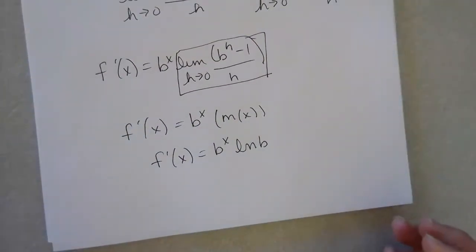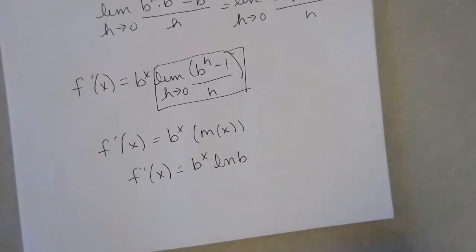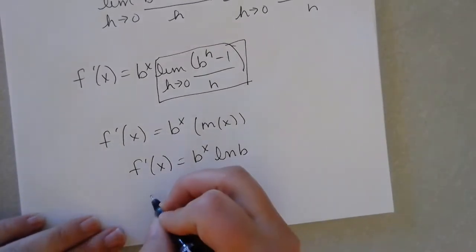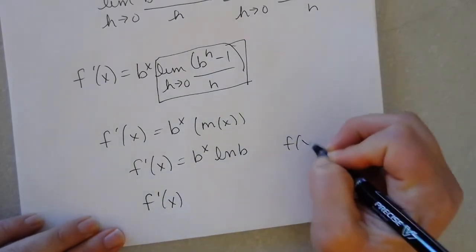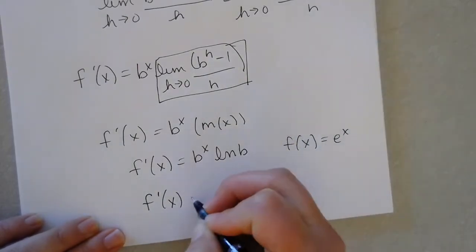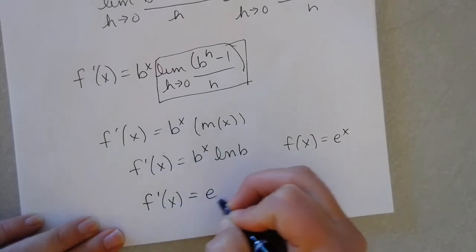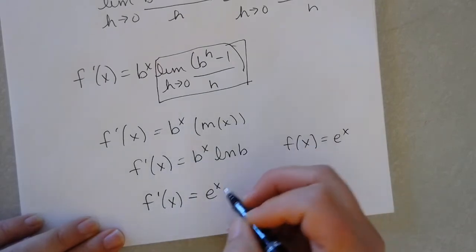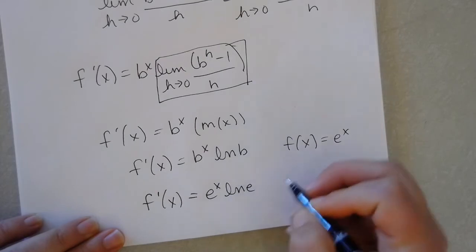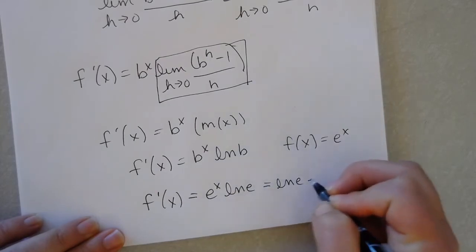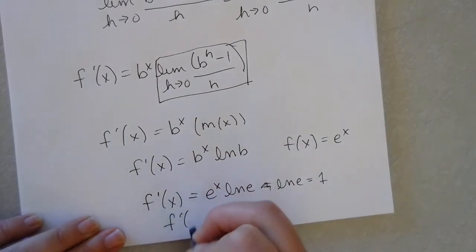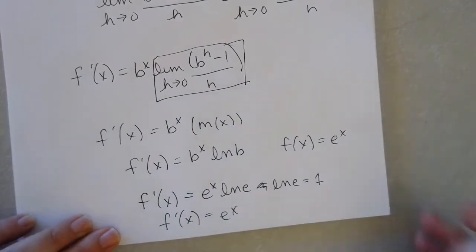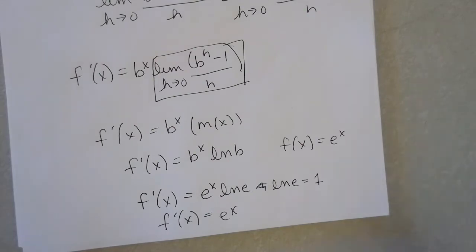Occasionally other bases come up, but we mostly use e. If f is e to the x, then the derivative will be e to the x itself times ln e, and ln e is just 1. So f prime of x is just e to the x. The derivative of e to the x is just e to the x, which is lovely.